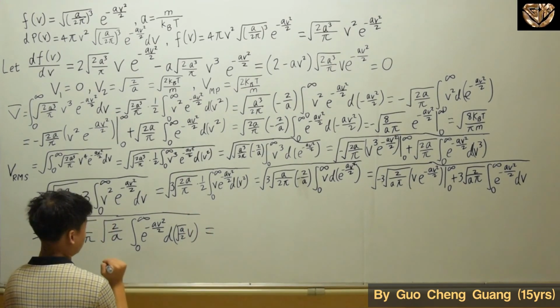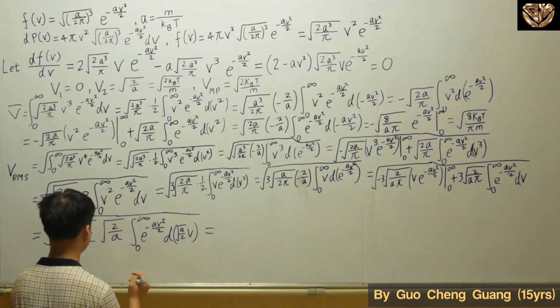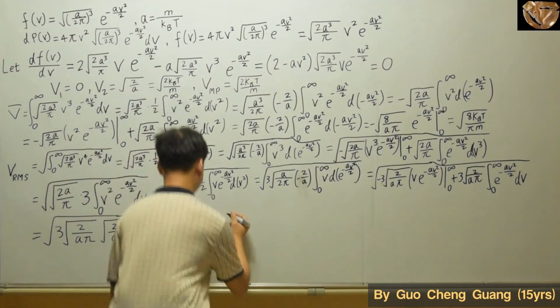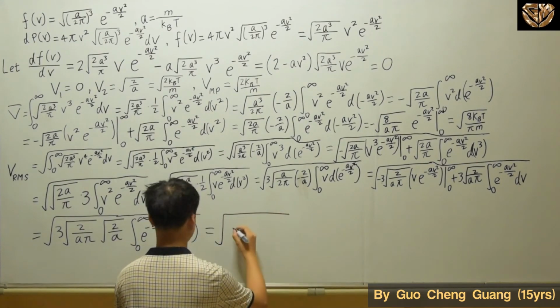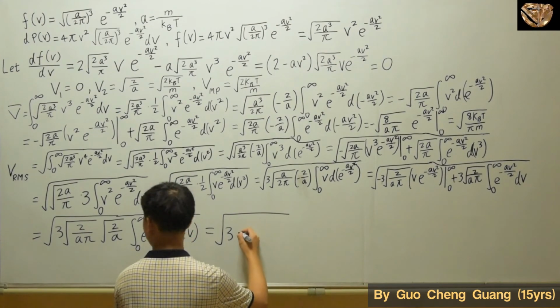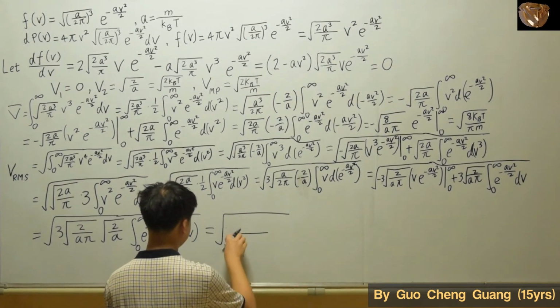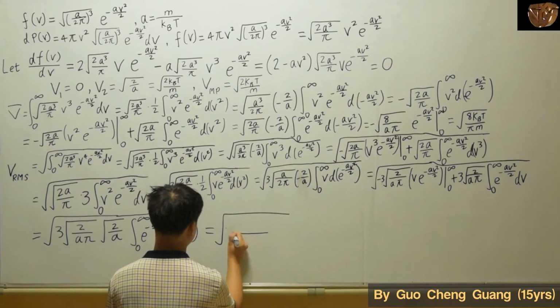So this is where we have square root pi over 2. So 3, and we would see times, or you can put this 3 up there too, it doesn't matter much.